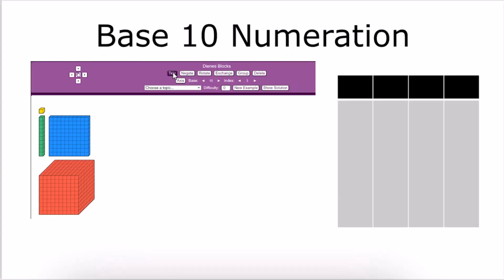Now for the rest of this video, I'm going to be talking about how numeration systems with other bases work. So remember, a number is an idea of an amount of something, and a numeral is a symbol that we use to represent that amount. So in our base 10 numeration system, we have 10 different symbols that we use to represent amounts.